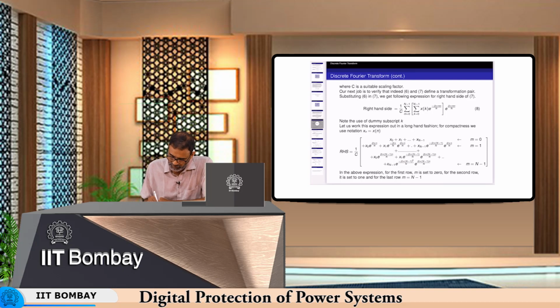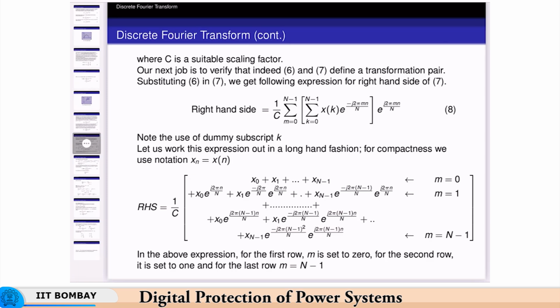So, k will vary from 0 to n minus 1. So, you get x of 0 plus x of 1, that is the summation here, both the exponentials will evaluate to 1. So, you get x 0 plus x 1 up to x of n minus 1.